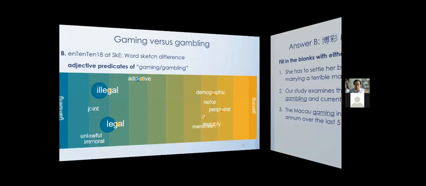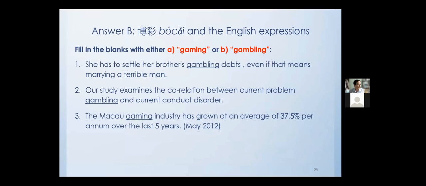So coming back to the three questions, for the first one, probably we have to say that gambling debts is more common. It's negative. Debts, it's not a good thing. Problem gambling. And Macau's gaming industry is much more preferred than gambling industry, particularly in government official documents recently.